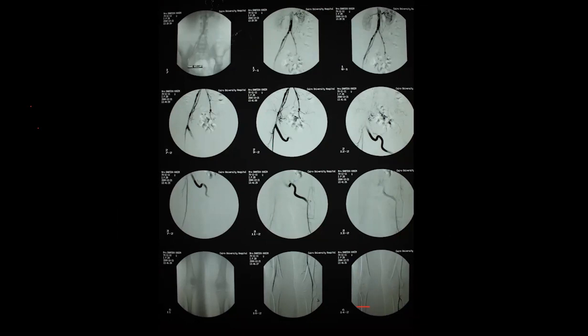This is a digital subtraction angiography. This is the reflection angiography. In the first row and the first image, we can see a catheter coming from above. And here the pathology is, so we can see the bifurcation.